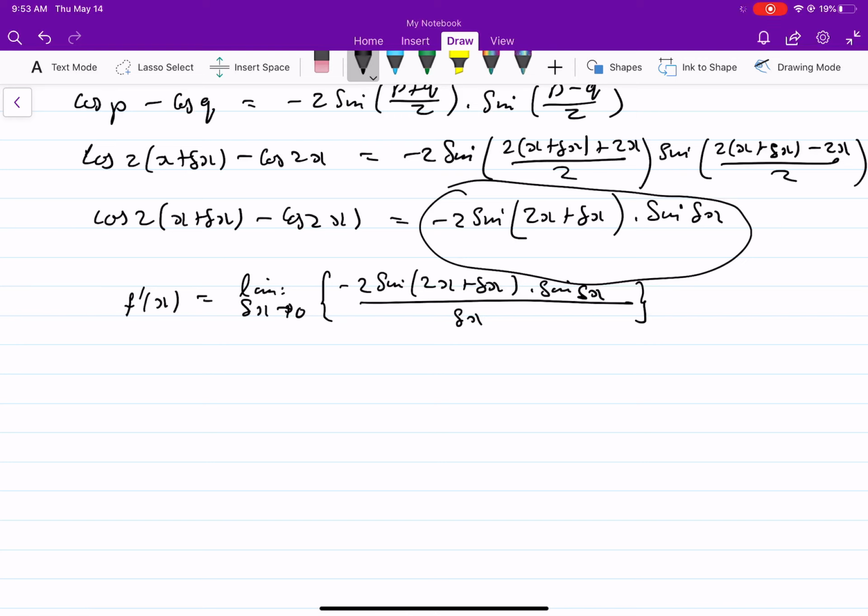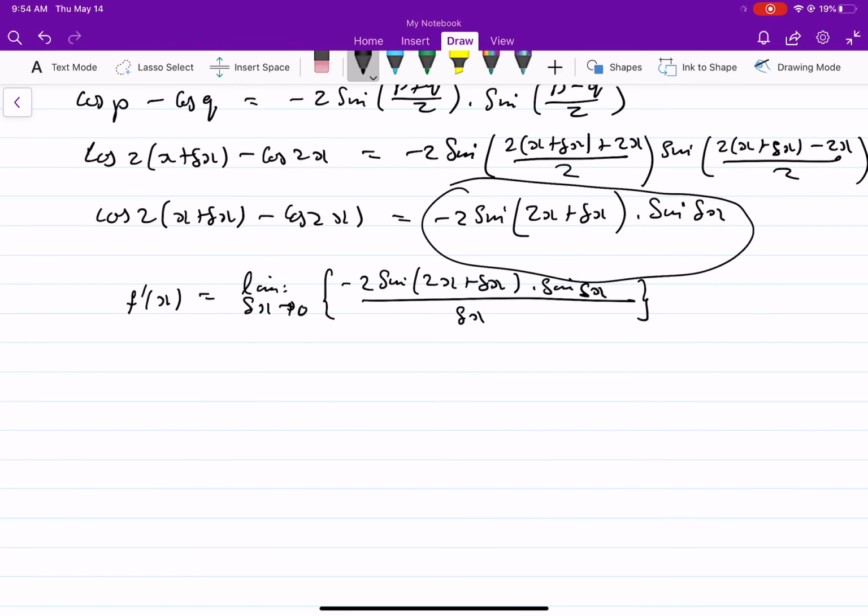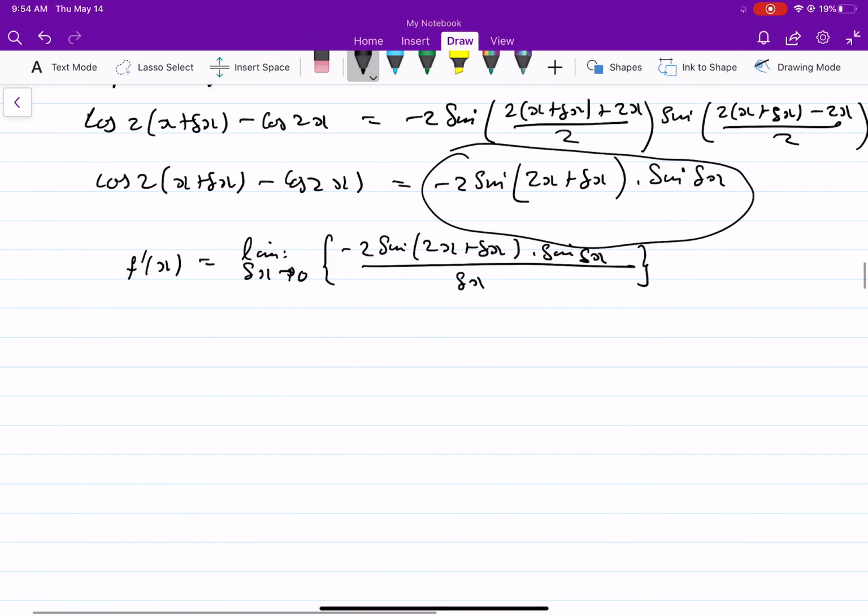Again, I'm going to split this into 2 separate limits. I can leave the minus. In fact, I can pull the minus to clean out. You could always pull out a constant outside of a limit.